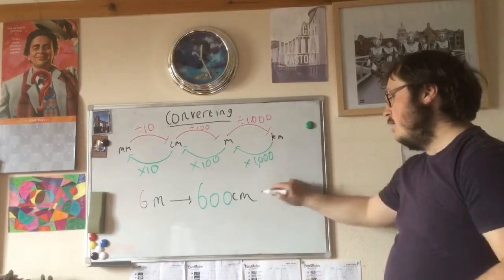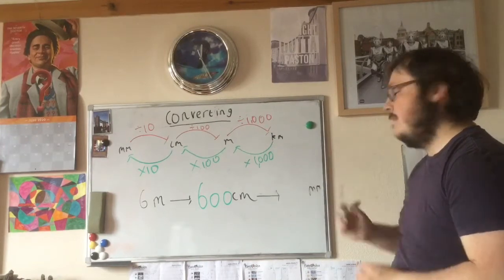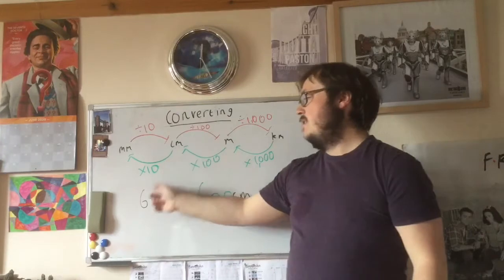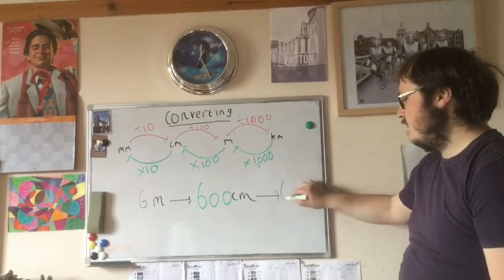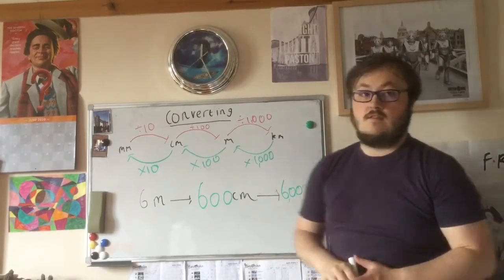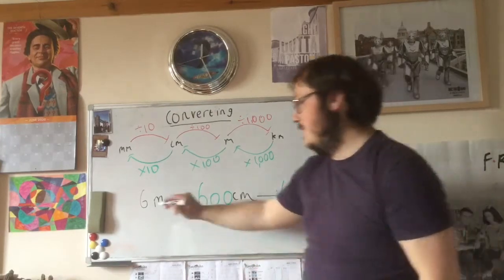So then how do I go from that to millimetres? Well, you know how much it is in centimetres, so you multiply that by 10, and that becomes 6,000 millimetres.